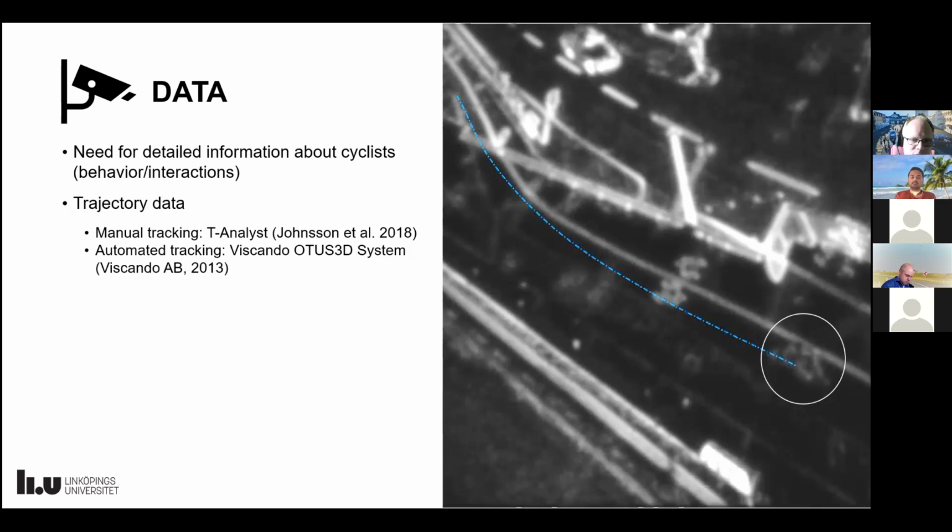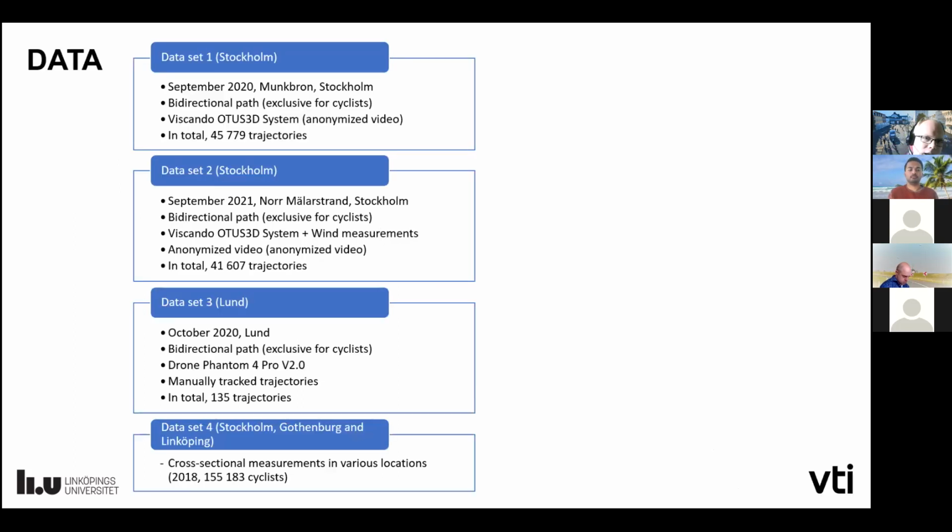So in the Viscando system, for example, you can get this kind of anonymous video out, but you cannot get the real video, because then it might be possible to see who is moving and so on. For the drones, it's easier in that sense because it's so high up, so it will not be a GDPR issue in that sense. So we have 4 different data sets.